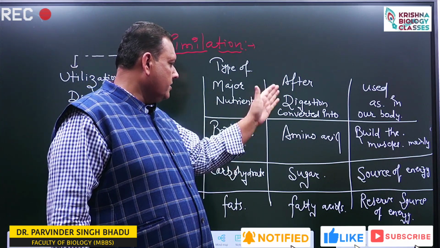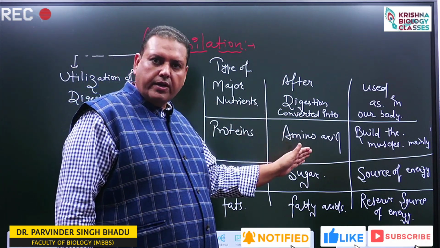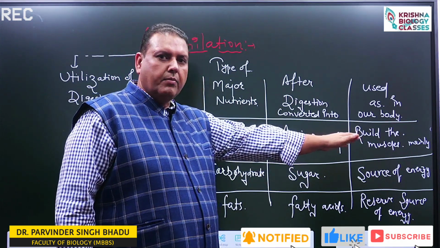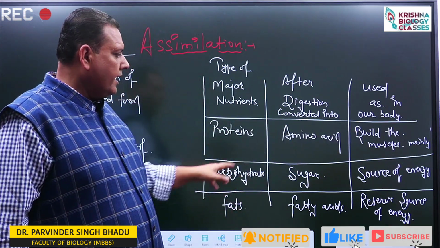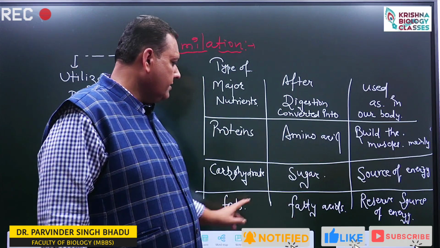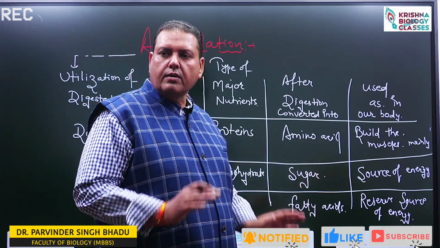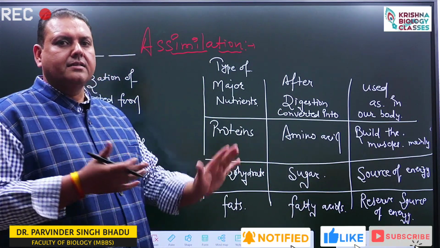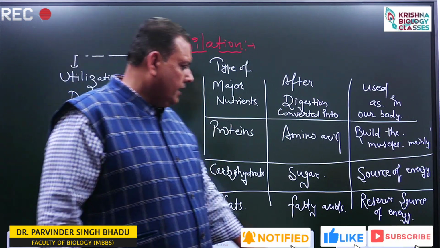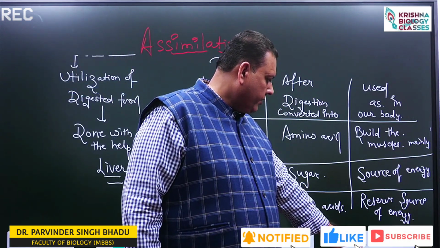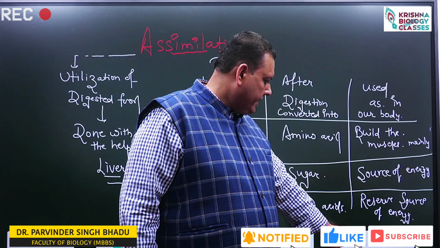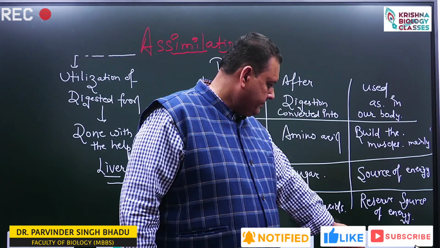After digestion protein is converted into amino acid, and we use it as a building block of our body, carbohydrate as a source of energy and fat as a reserve source of energy, and undigested food is removed out from our body by the process of egestion.